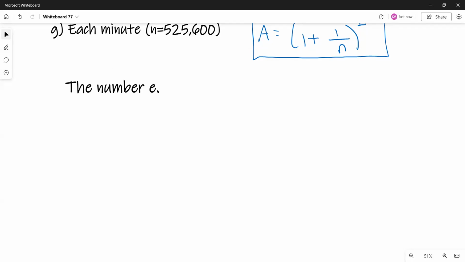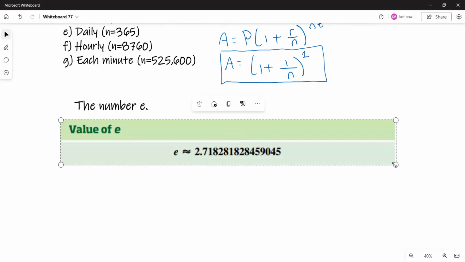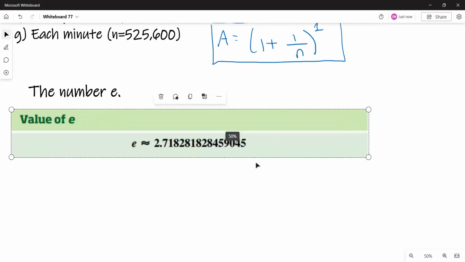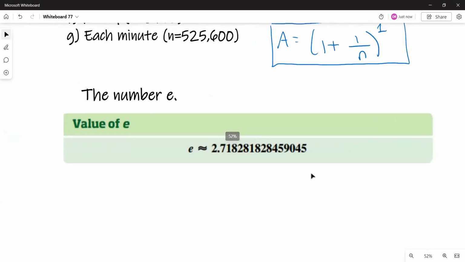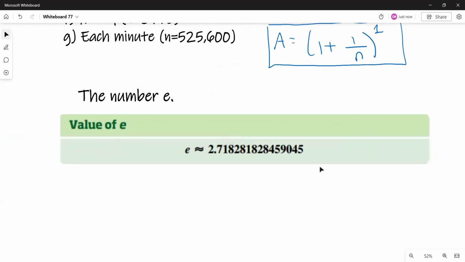So that's the value of E, on page 428. The value of E is approximately what we found in Excel. So when the frequency keeps increasing, we did it every second, at the end, $1 invested at 100% will be approximately the number E. And that's the formula for continuous compounding.